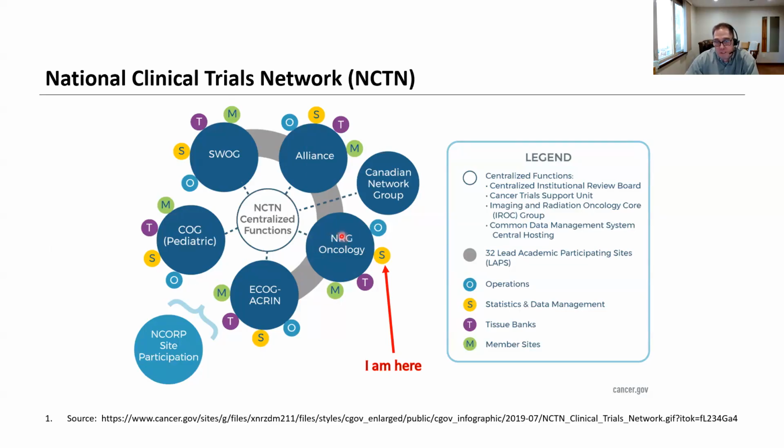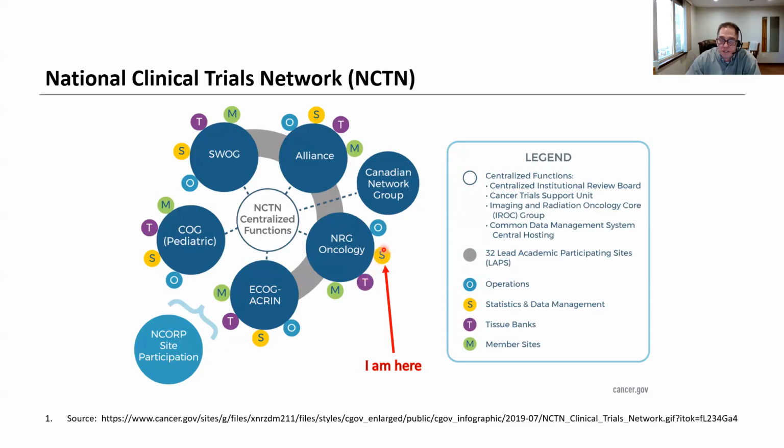Each group, like for example the NRG Oncology Group here, has a bunch of member sites. These are hospitals that are participating in our clinical trials. Each group has a tissue bank, so tissue specimens collected in the course of the clinical trial get sent to the tissue bank, where they're centrally located and available for ancillary studies and other investigations.